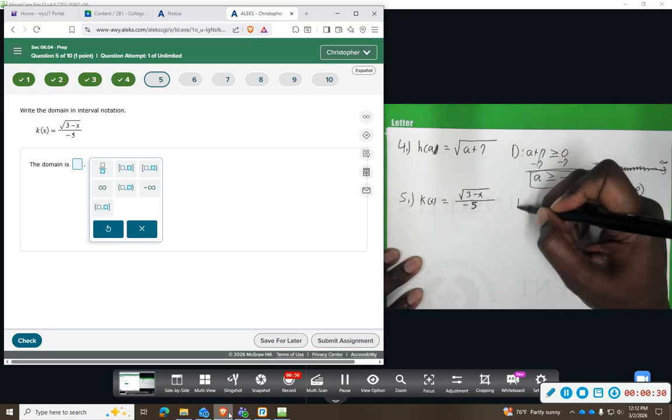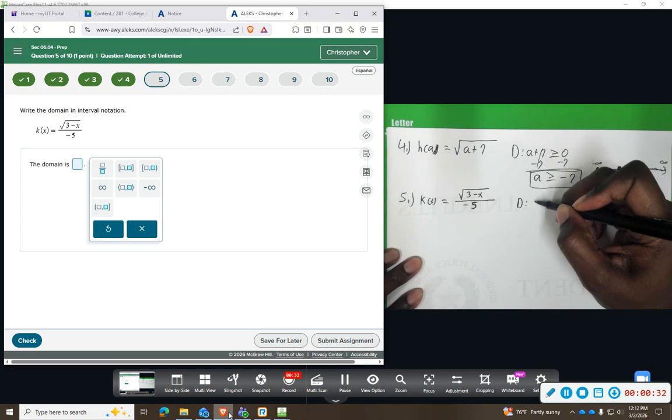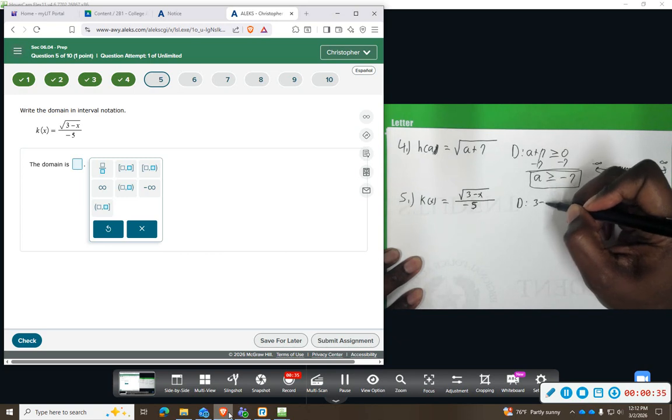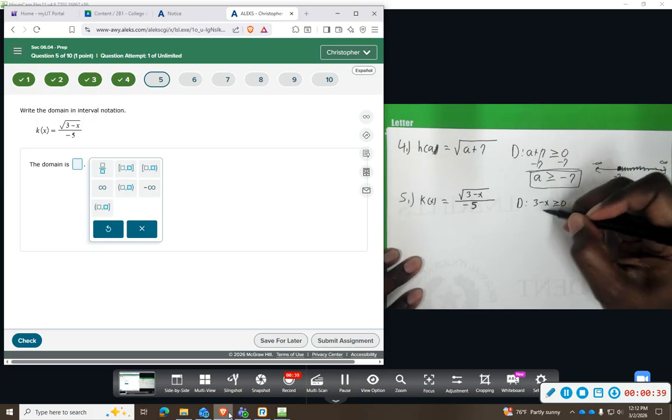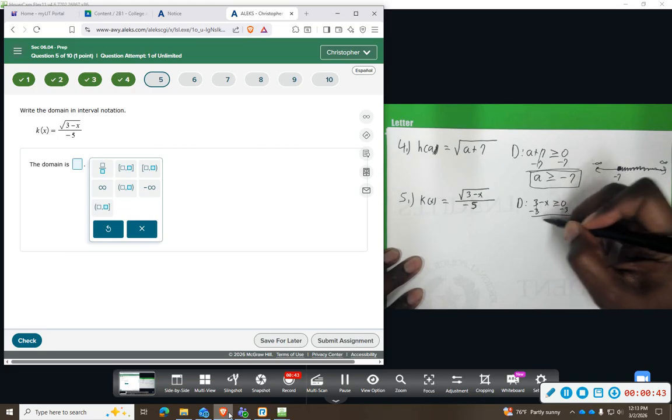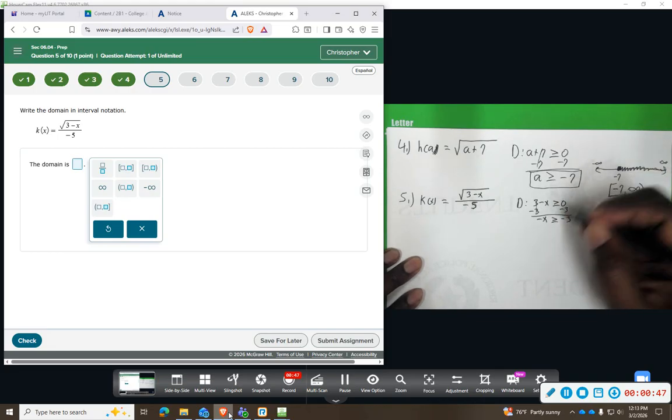we're going to look at what's under the radical and make sure that is greater than or equal to 0. So solving that will leave us with -x greater than or equal to -3. Divide by -1.